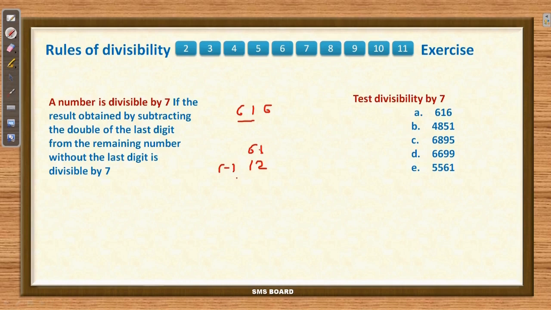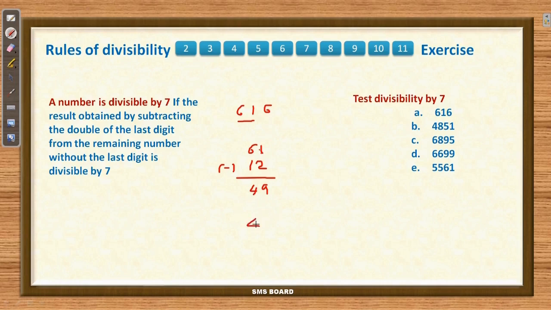Let us do the subtraction. 1 minus 2 is not possible, so we will take 1 from 6, and this will become 11. 11 minus 2 is 9. Now this 6 becomes 5, because 1 was already taken. 5 minus 1 is 4. So we get 49. 49 is divisible by 7.